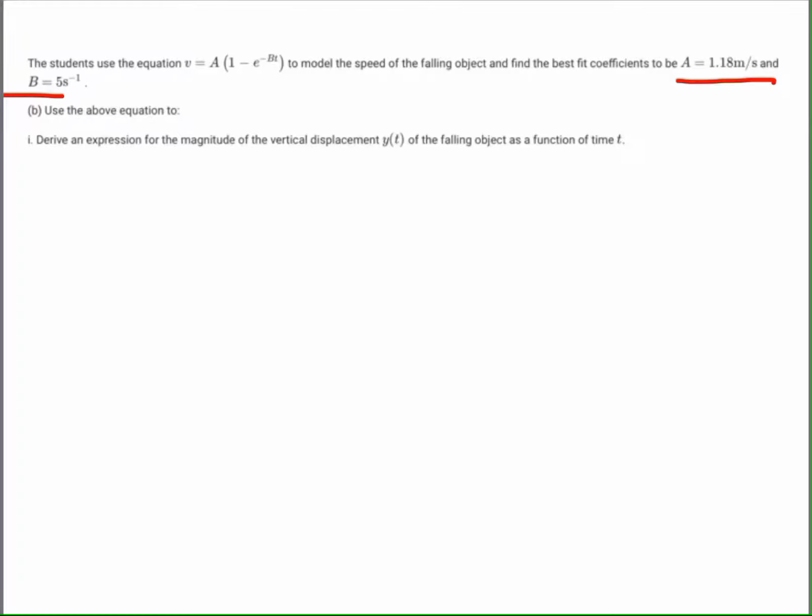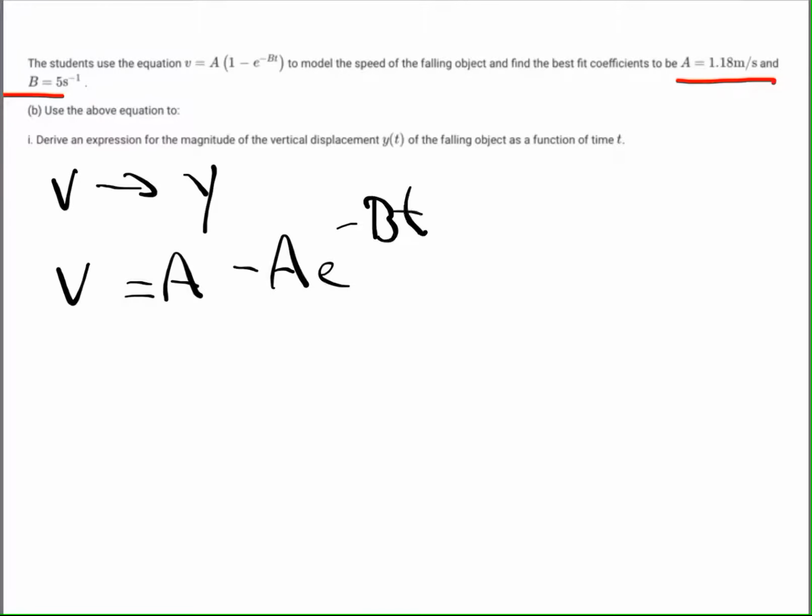So they gave us a function for v, and they want y, or they want displacement, okay? So what we're going to have to do is take that v, which is A minus A e to the negative bt. I just distributed the A. And we're going to have to find the integral of it.